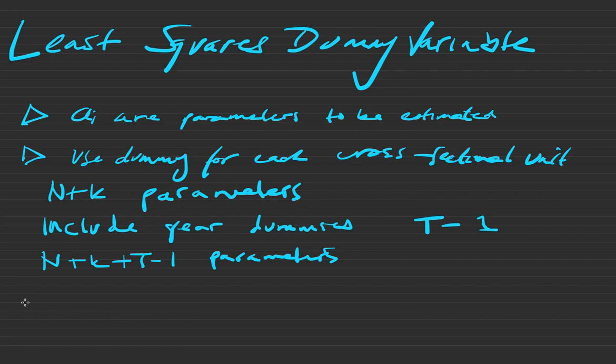We can write y_it is equal to beta 1 times x1_it through beta k x_kit, plus, now let's include our year dummies, delta 2 d2t.